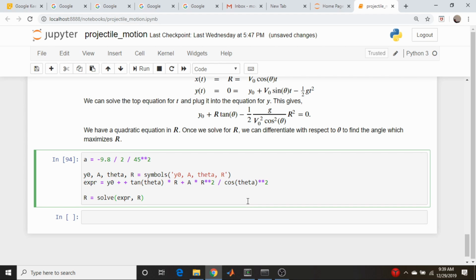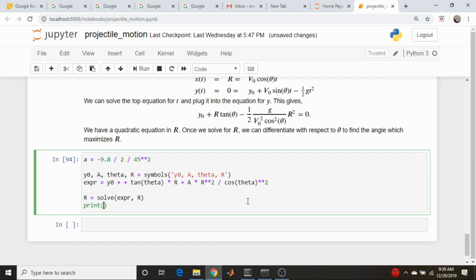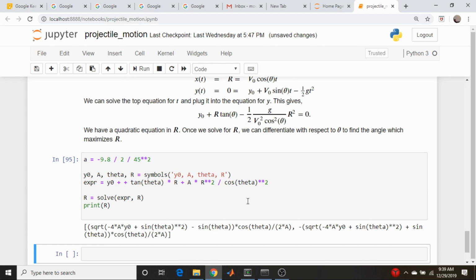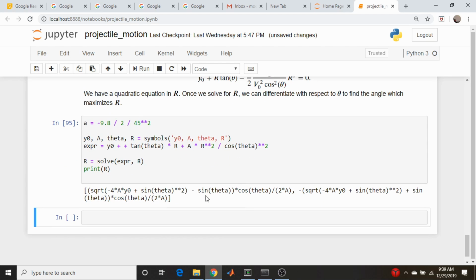So let's print out r. So we have two expressions for r because this is a quadratic equation that has two solutions. So one is basically extrapolating backwards in time, which is not what we want to do. So we want the larger of these two. What we could do if we really wanted to figure that out is just plug in numbers here and figure out which is the positive or the bigger range.